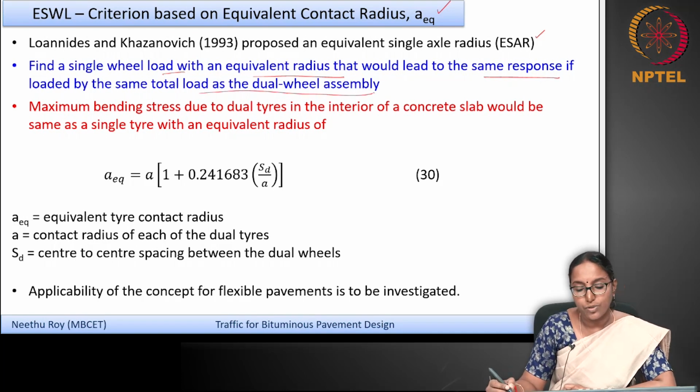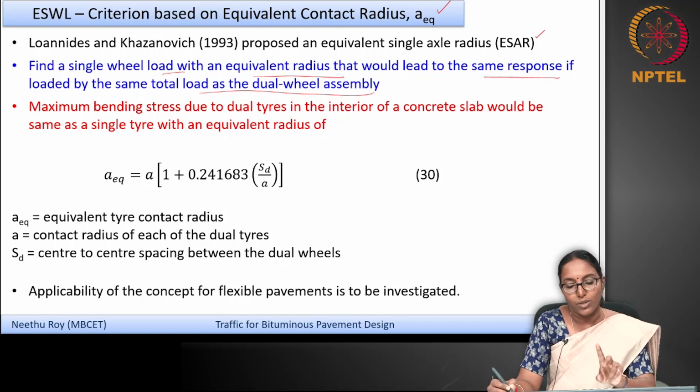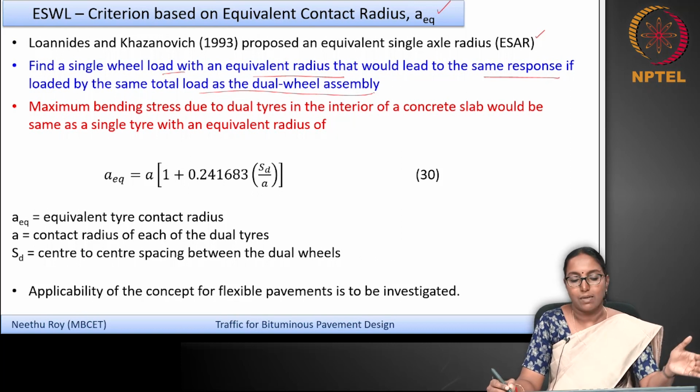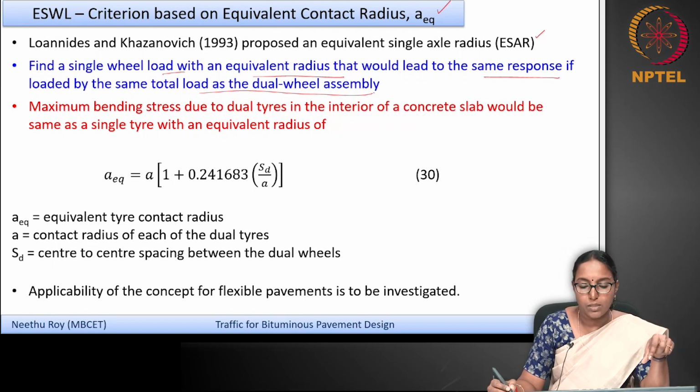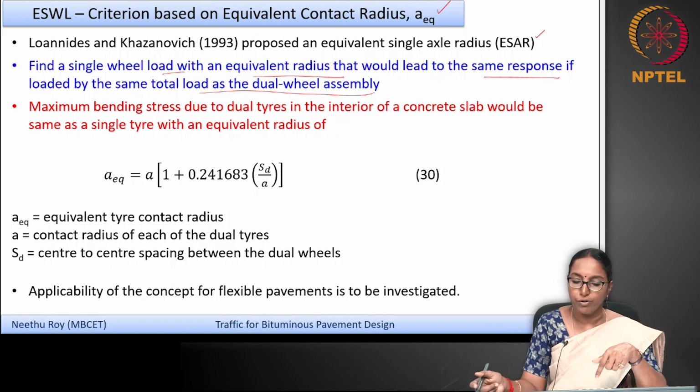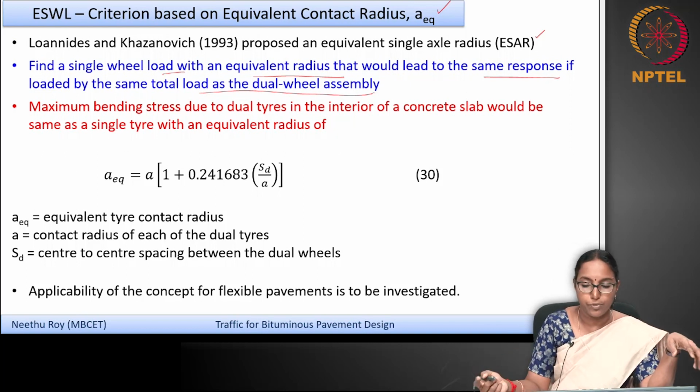So what you are trying to keep constant here is the load as the sum of the two wheel loads, which in the previous example is 9000 pounds. So if we load the same 9000 pounds, what is the equivalent radius which will give you the same response? So you are not going to find the equivalent single wheel load, but an equivalent radius which will produce the same effect.